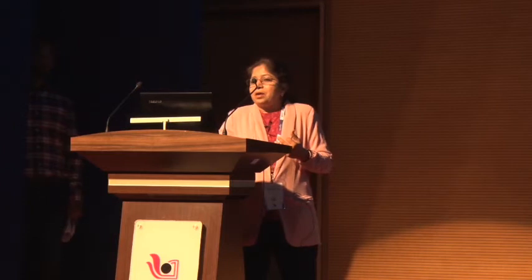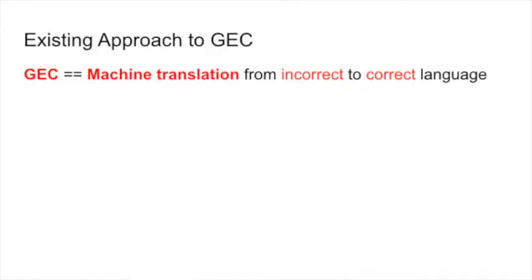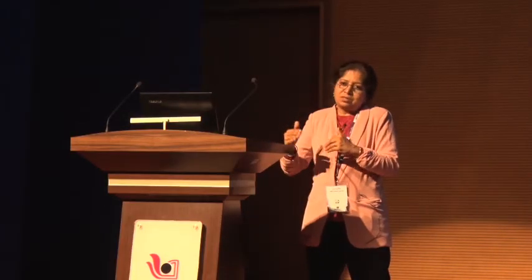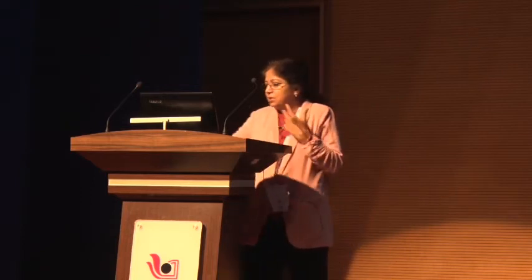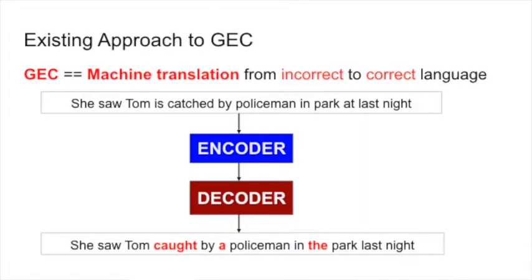But now I am going to talk about a shortcut that we took to train models for grammar error correction, which is much more efficient than what was done by existing neural methods. The existing methods, as I just said, follow the encoder decoder approach where you feed the incorrect sentence, get a summary of that incorrect sentence, and generate the output sentence token by token.